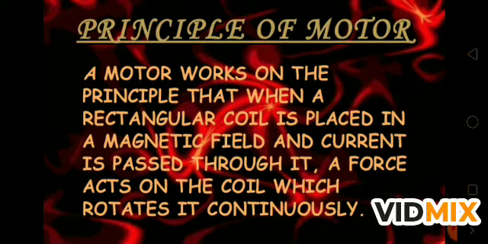The direction of force we can find with the help of Fleming's left hand rule, and the magnitude of the force is F equals ILB, where B is the magnetic field, L is the length of the wire, and I is the amount of current. This is the principle of the motor.